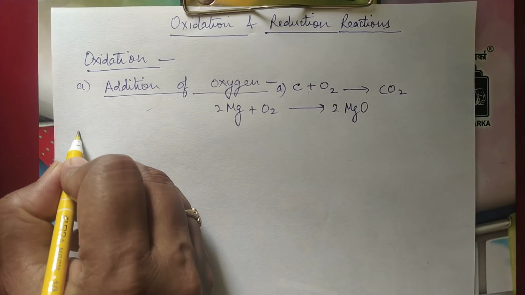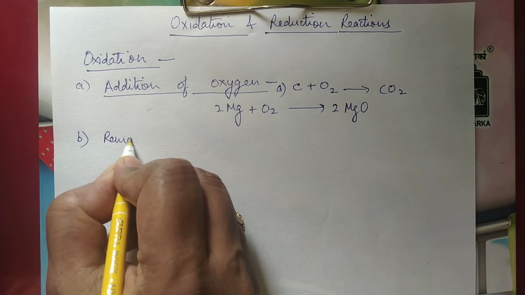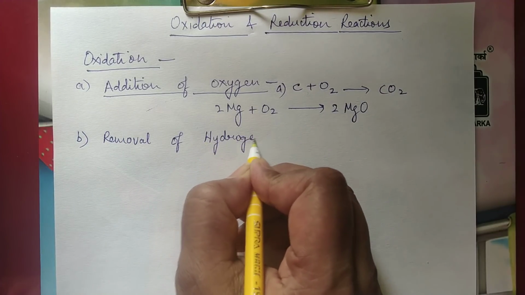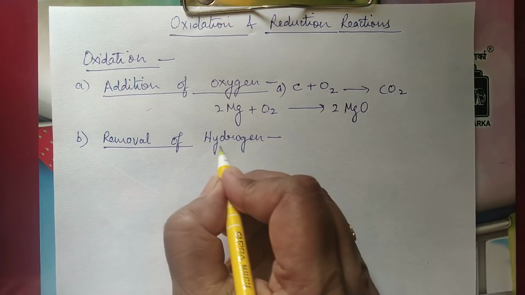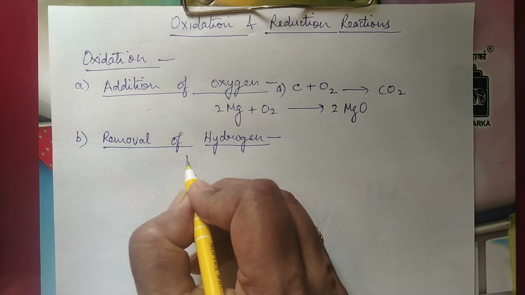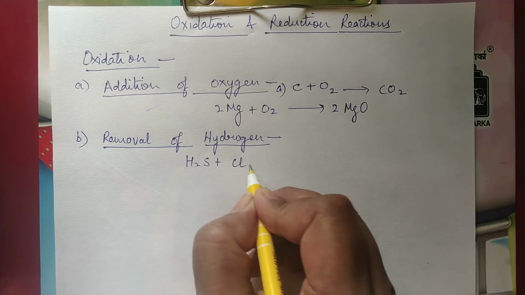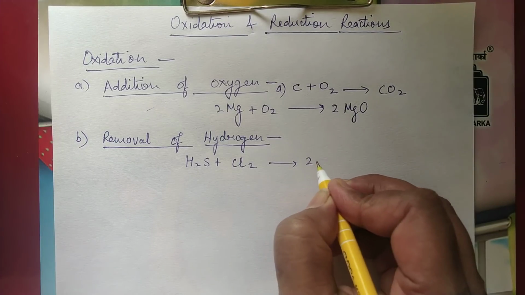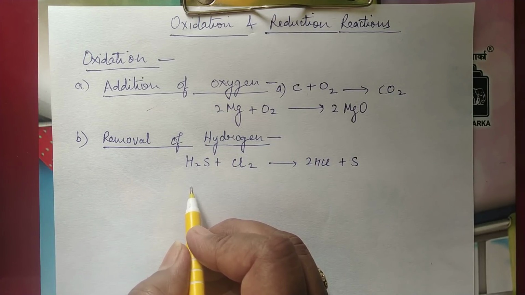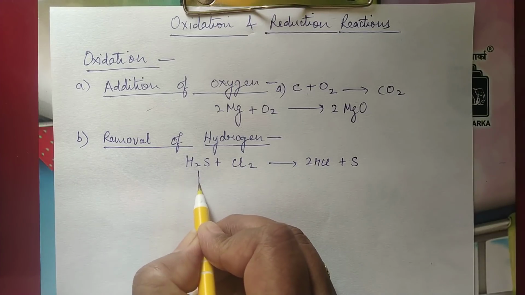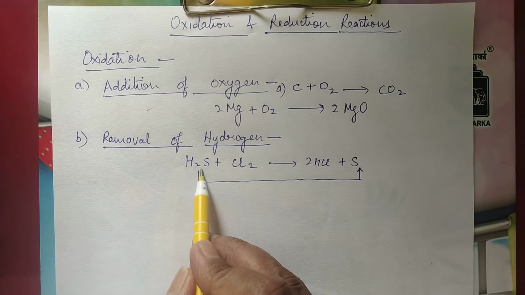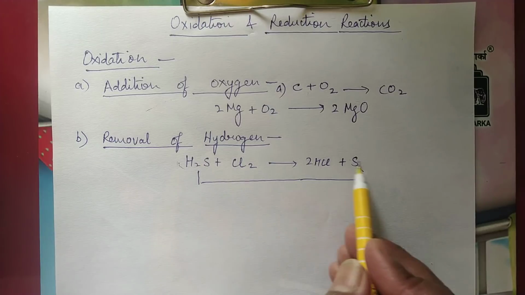The second way is removal of hydrogen. If there is removal of hydrogen from some substance, then that is also considered to be an oxidation reaction. Let us take an example. Suppose we have H2S reacting with Cl2, and it will give 2HCl plus S. Now in this reaction, hydrogen sulfide, by losing its hydrogen, is getting converted to sulfur.